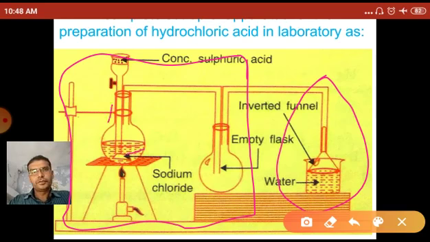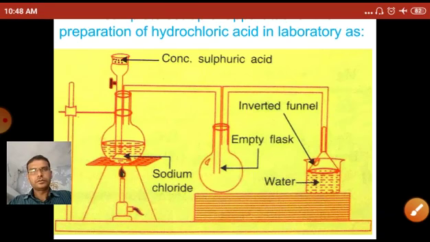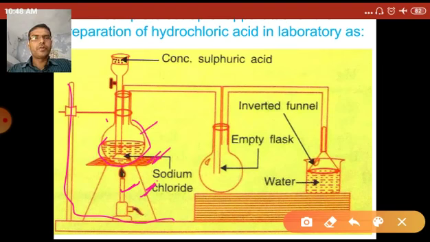Now this is a burette stand. This one is a wire gauze. This one is a tripod stand, burner, round bottomed flask, thistle funnel.